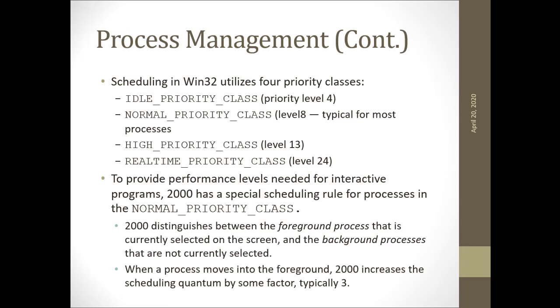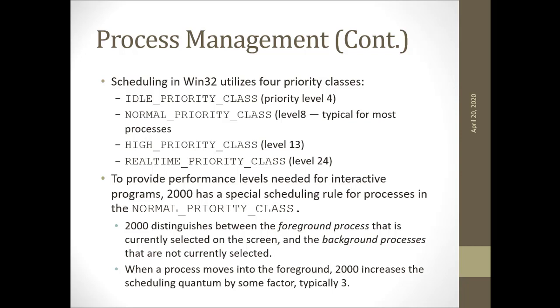Process management continued. Scheduling in Win32 utilizes four priority classes, that is idle priority class, normal priority class, high priority class, and real-time priority class. To provide the performance levels needed for interactive programs, Windows 2000 has a special scheduling rule for processes in the normal priority class.